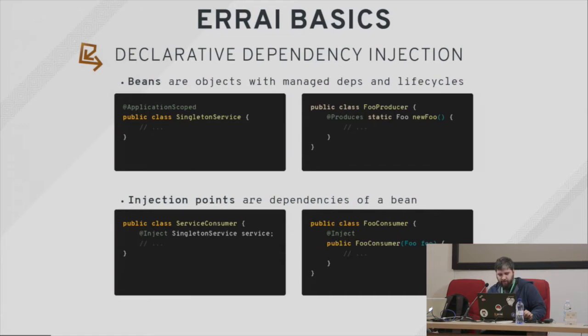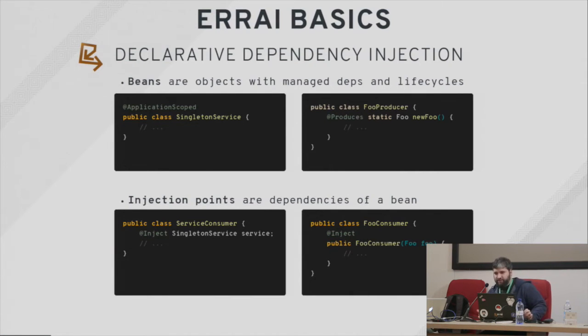But often you will add a scope annotation to a class, like the singleton service here in the top left. There are many different scopes, but ones like application scope can define a bean as being a singleton. You can also declare a bean by annotating a method with produces. This will cause the container to invoke this method for you when it needs an instance of that type, this Foo type.